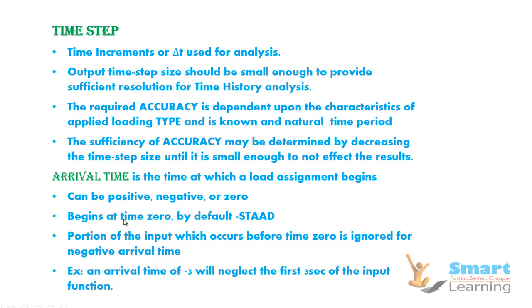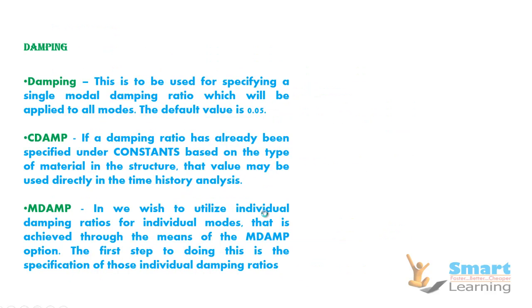It begins at time 0 by default, and if you specify a negative time interval, it will neglect the first 3 seconds of the input function. So negative 3 is nothing but it will neglect your first 3 seconds and then you can start your analysis. Mostly we'll use the positive, and you can see that here.